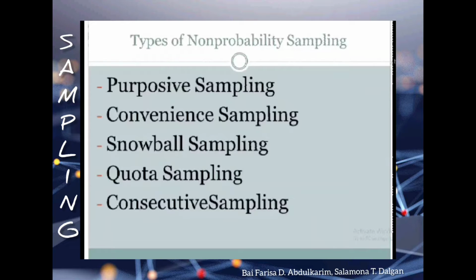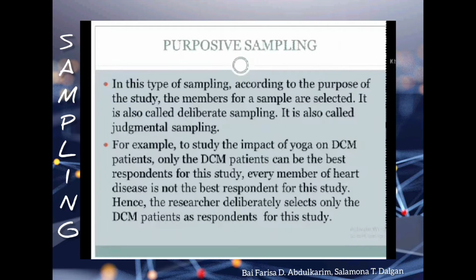Different types of non-probability sampling: purposive, convenience, snowball, quota, and consecutive. Purposive sampling. In this type of sampling, according to the purpose of the study, the members are selected. It is also called deliberate and judgmental sampling.